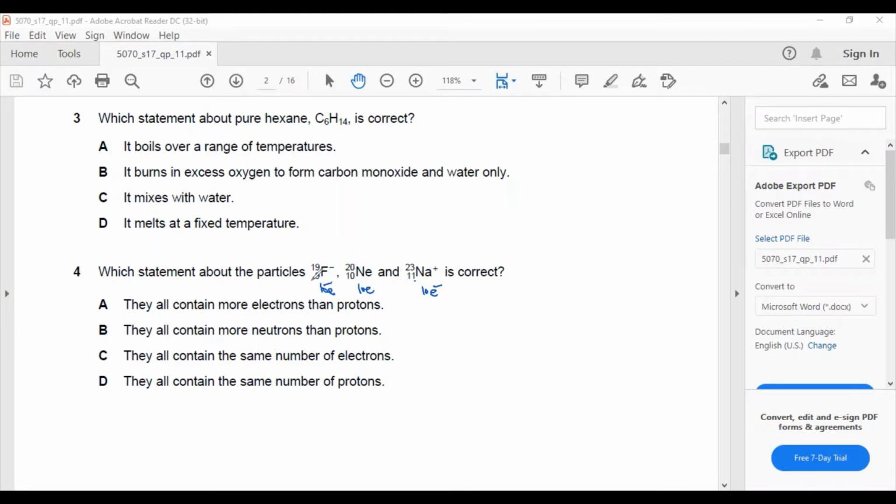No, it's wrong, because 9 protons, 10 electrons. They all contain more neutrons than protons? No, 20 minus 10 is 10 electrons, 10 neutrons. That's also wrong. They all contain the same number of electrons. Yes. 10, 10, 10.